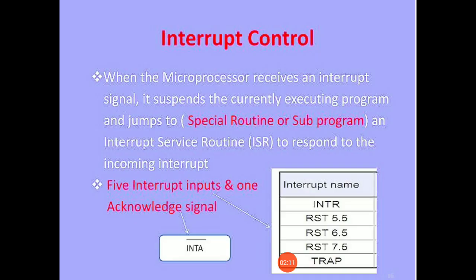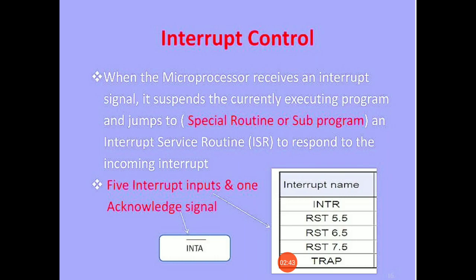So the next block is interrupt control. So what is interrupt? The microprocessor, generally we know, fetches, decodes and executes instructions in a sequence. So we know program is a set of instructions, and the microprocessor fetches, decodes and executes one instruction at a time, and in this way it sequentially proceeds throughout the program.